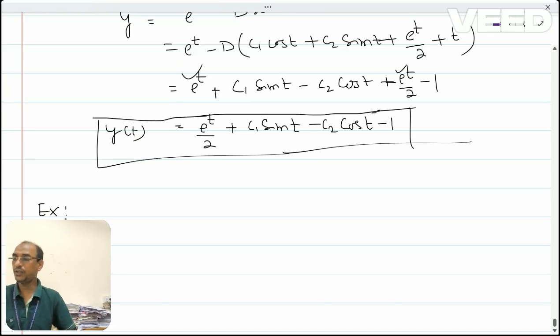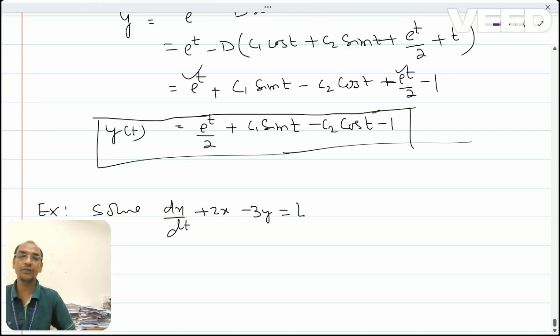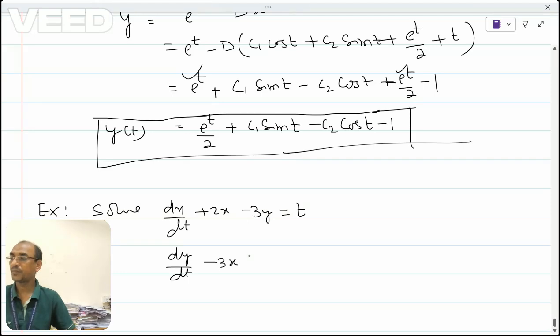So next example is, suppose the equation is in this form. Solve dx by dt plus 2x minus 3y equal to t, and dy by dt minus 3x plus 2y is equal to e to the power 2t.